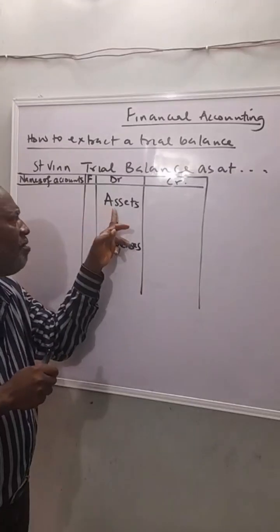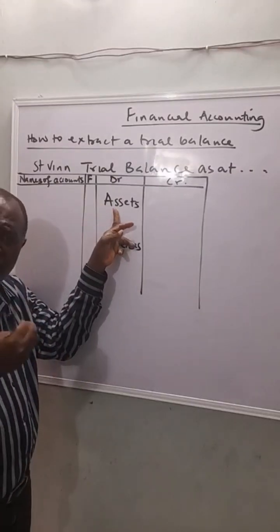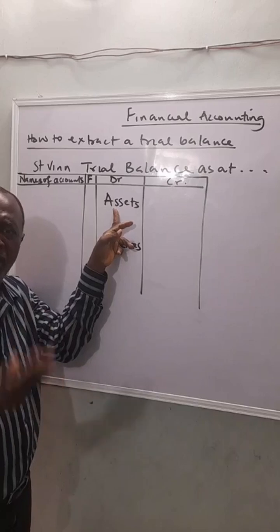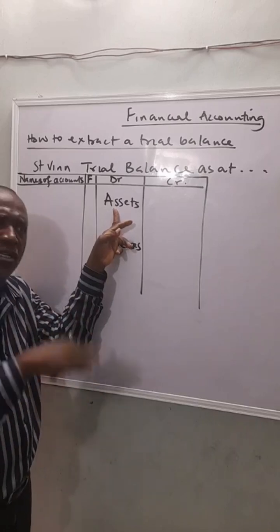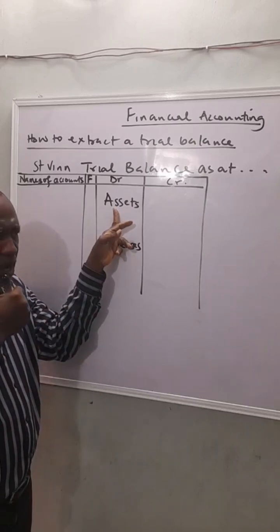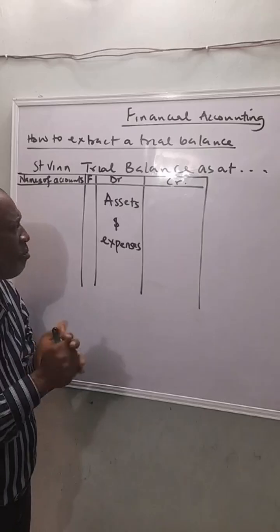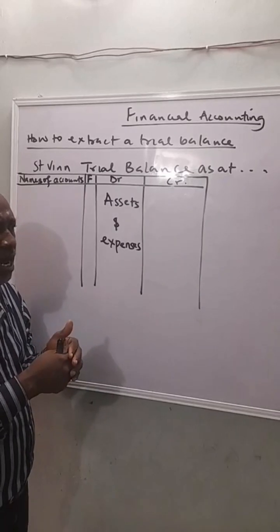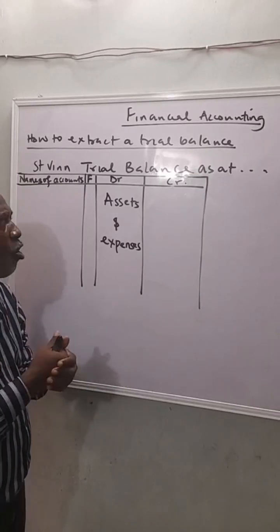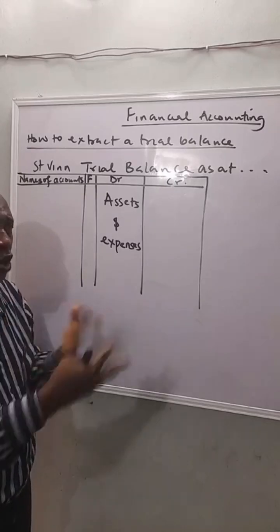A good student of accounting must understand examples of assets, whether fixed or current. Instead of fixed assets, they may say non-current assets.